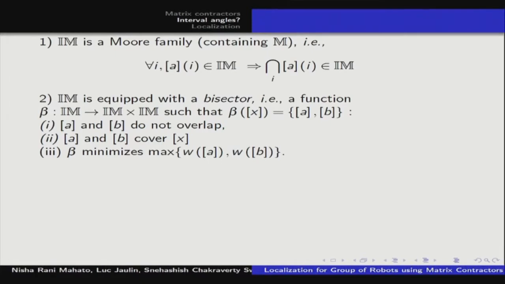So a bisector is something which takes an element of this Moore family and is able to generate two other boxes, or BAD bisectable subdomains, A and B, such that A and B do not overlap, A and B cover X, of course, and they minimize the max of the width of A and B. The width is defined because the distance is defined in the Riemannian manifold.